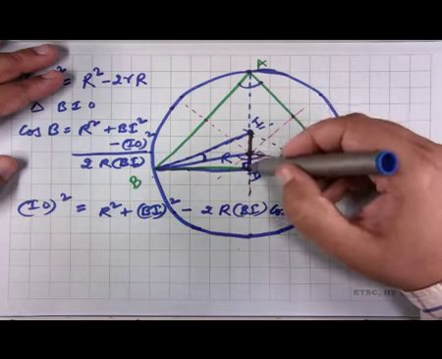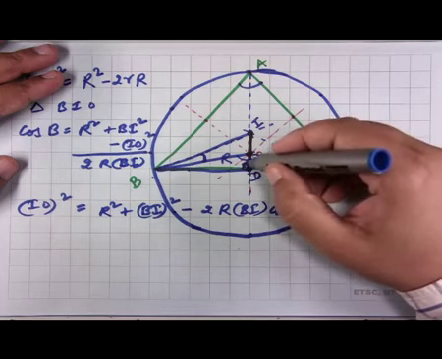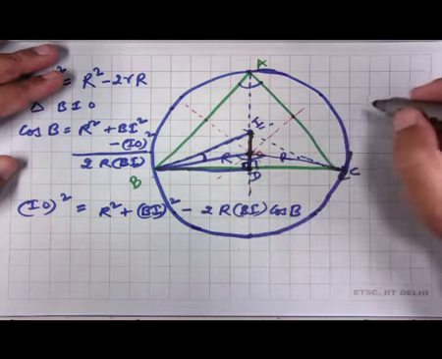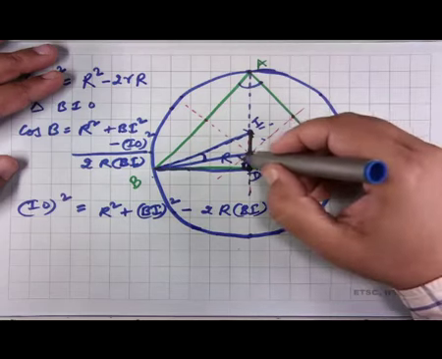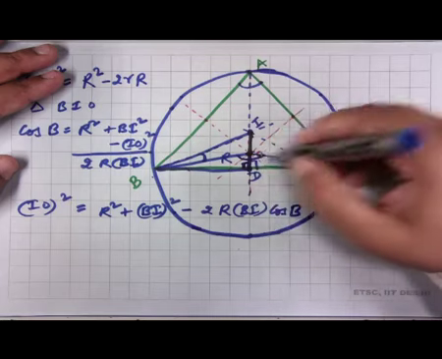Then we have a side in common, and also this angle and this angle are the same, and therefore it follows that angle BOD has to be equal to angle COD.